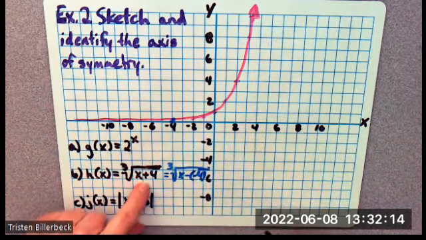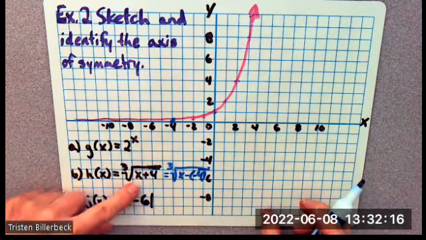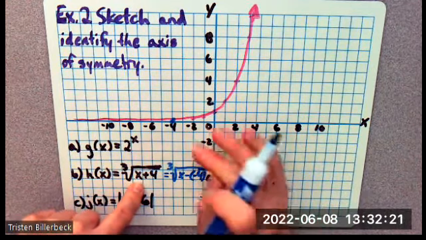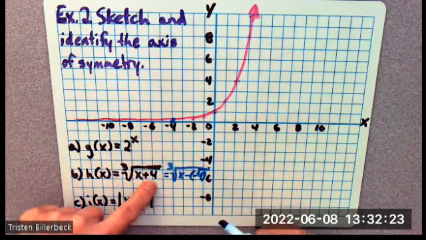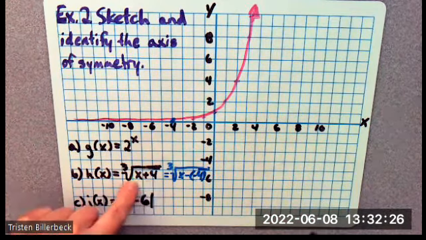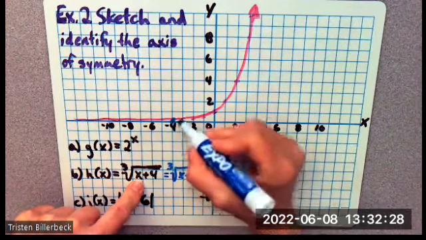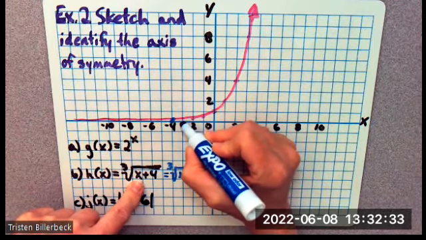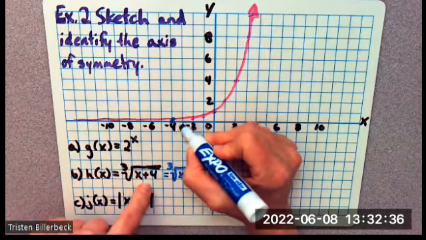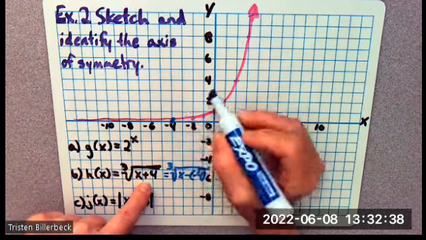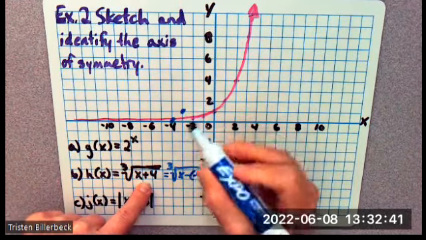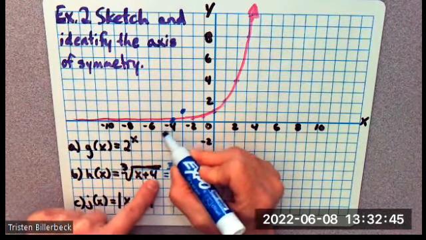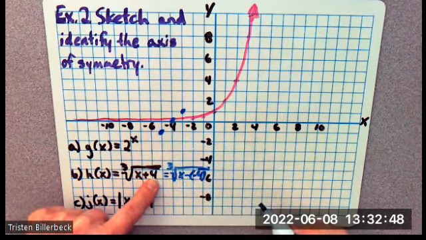Then our next point, we want the root of 1. So if we have -3, -3 plus 4 is 1. This is a cube root, and the cube root of 1 is 1. That gives us this point here. We also have the cube root of -1: if that's -5, plus 4 would also be -1.